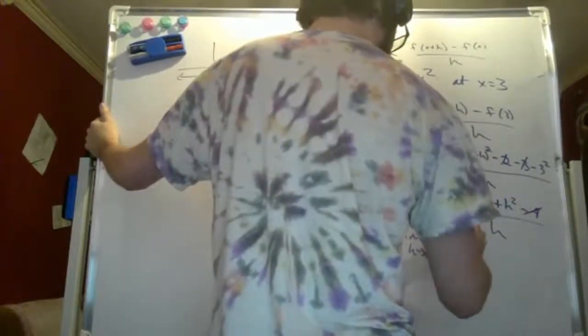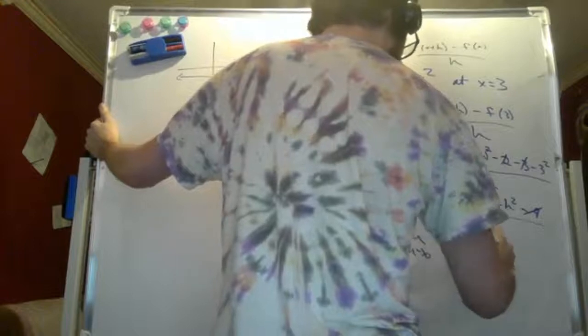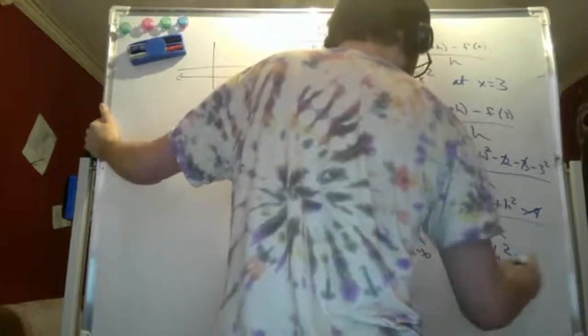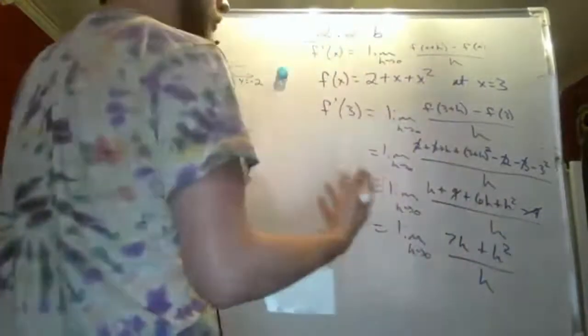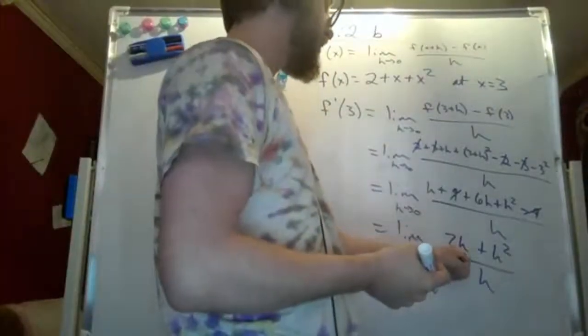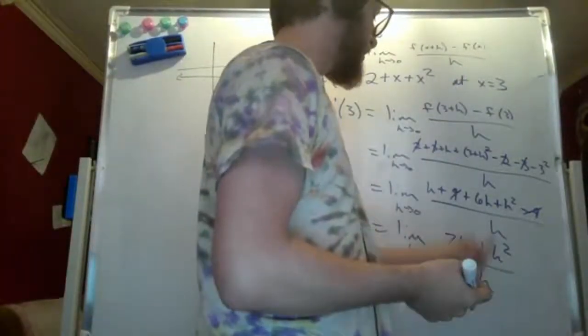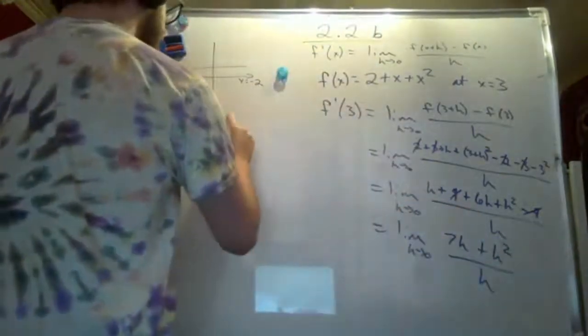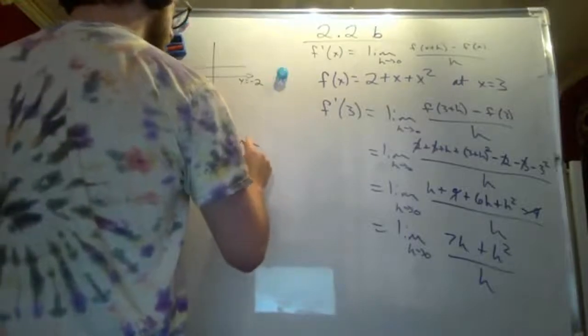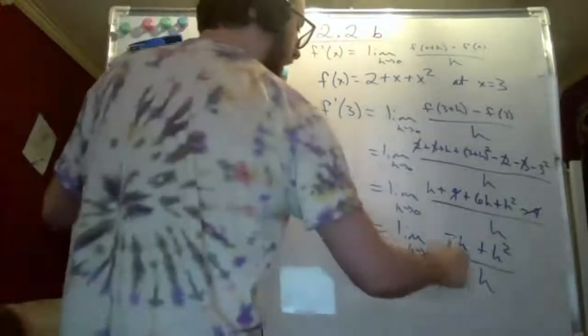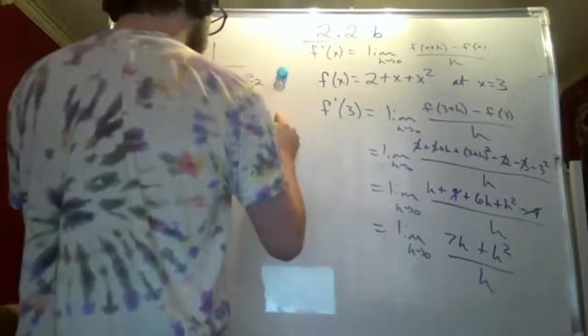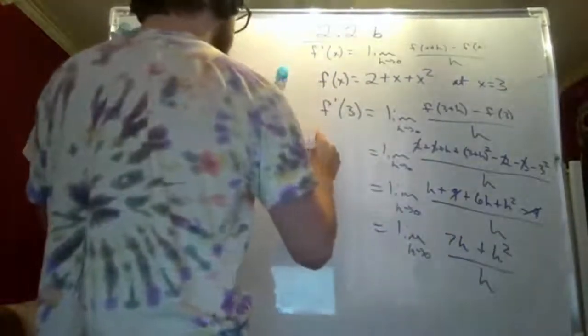We're left with 6h plus h squared divided by h. Well, now I have an h in each term, and I can divide this because they're separated by this plus sign. So what I really have is the limit as h goes to 0 for h divides 6h, we get 6 left over. h divides h squared, we're left with h.